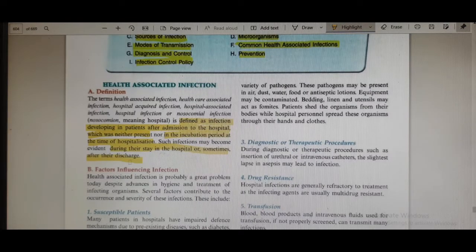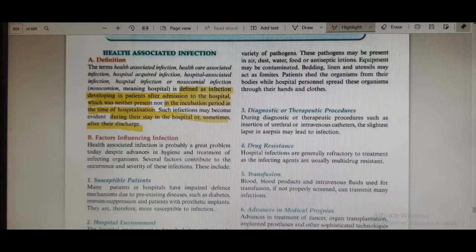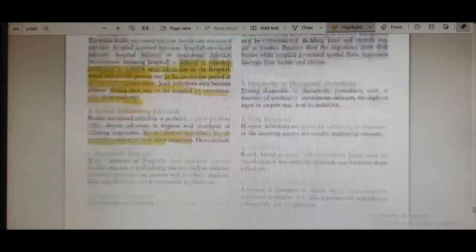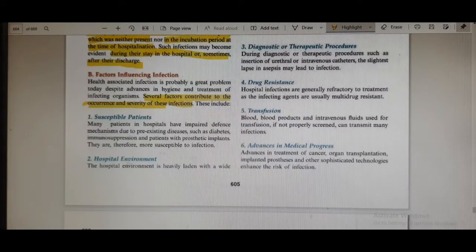Moving to the factors influencing infection, health associated infection is probably a great problem today, despite advances in hygiene and treatment of infecting organisms. Several factors contributing to the occurrence and severity of these infections include the following.